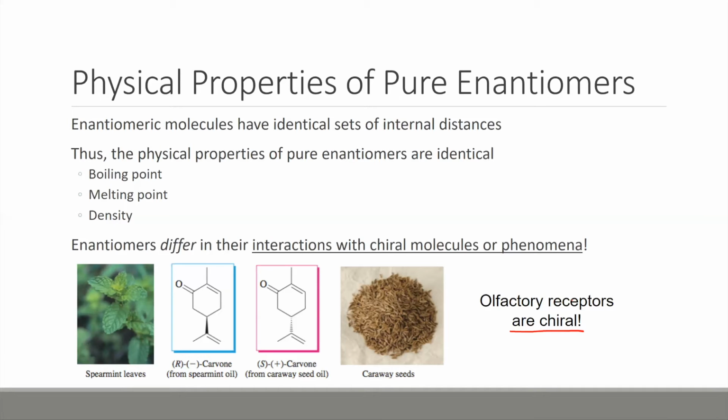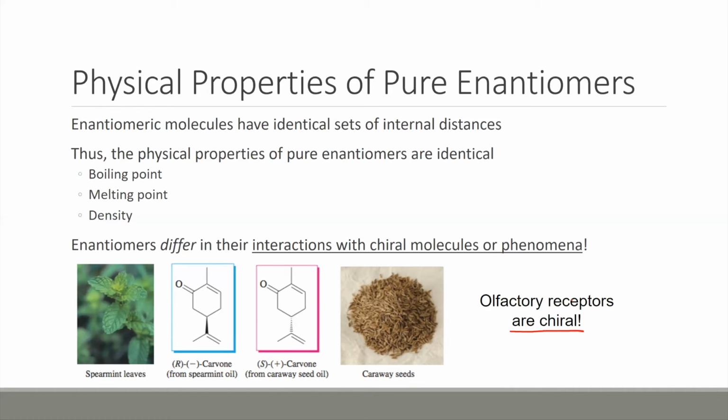You can see here these two molecules, one is an R enantiomer and the other is the S. One is a smell and taste that we get from spearmint, and we would associate it with spearmint oil. And the other you get from caraway seeds, and you would get a different reaction and smell from this within your nose.